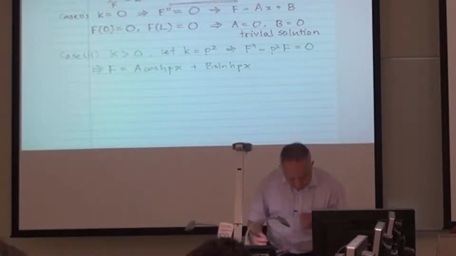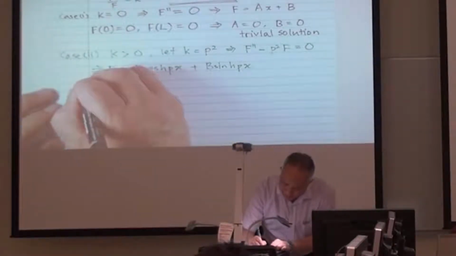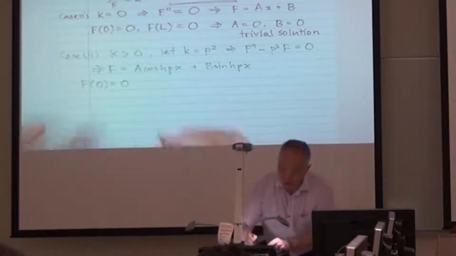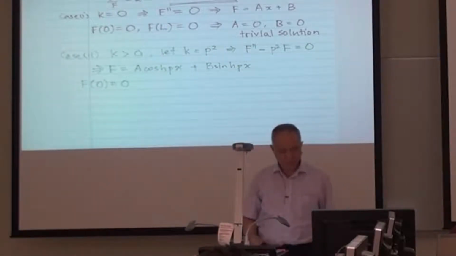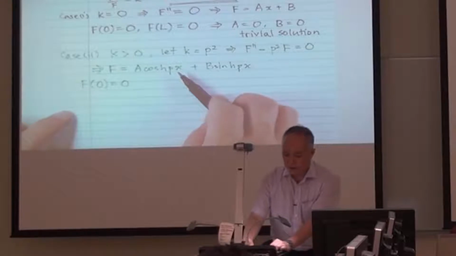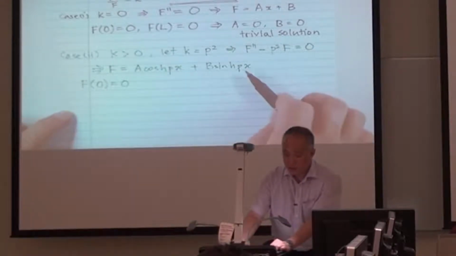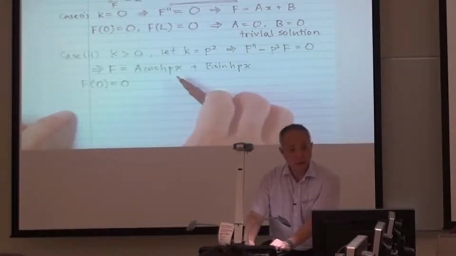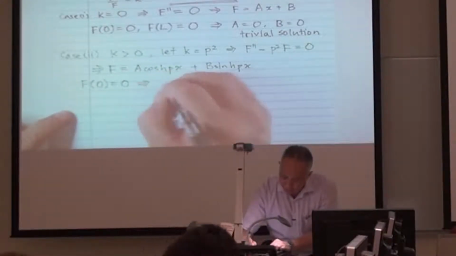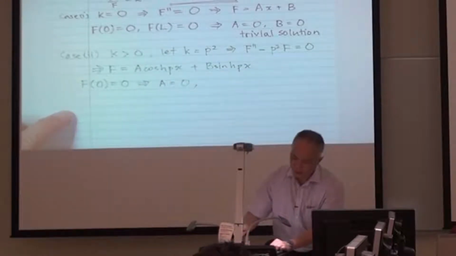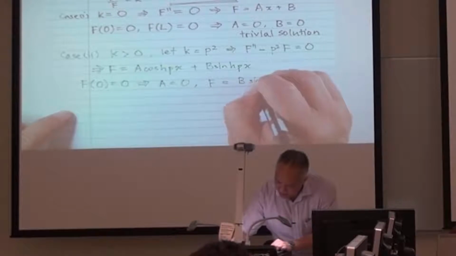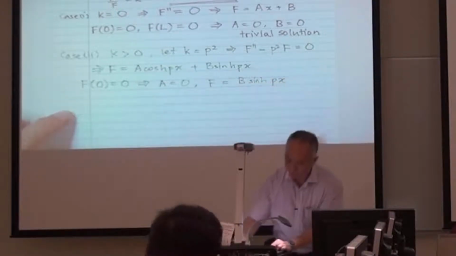And if we apply the boundary condition F at 0 equals 0, you will get A equals 0, because sinh 0 is 0 and cosh 0 is 1. So you will get A equals 0, which means that now we can write down F as B sinh px.